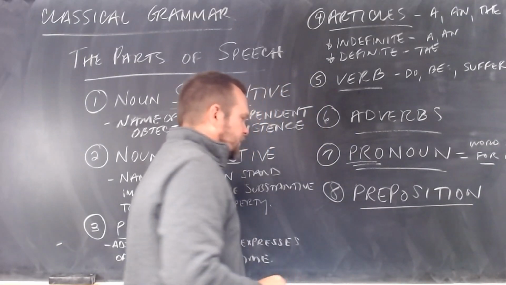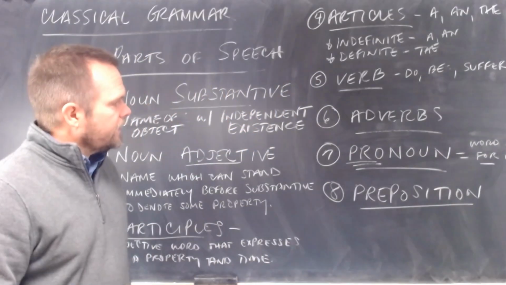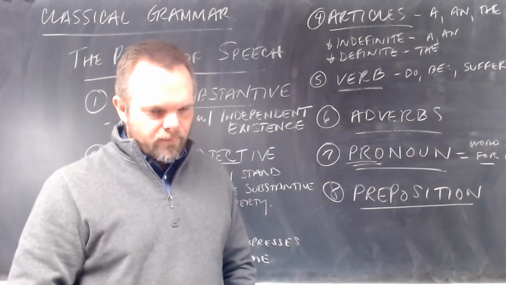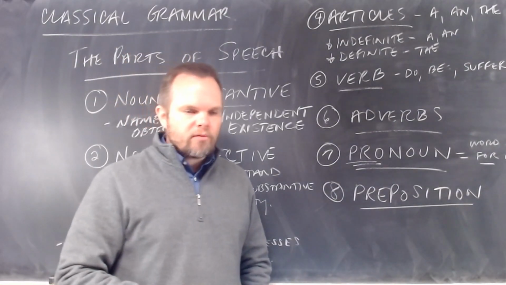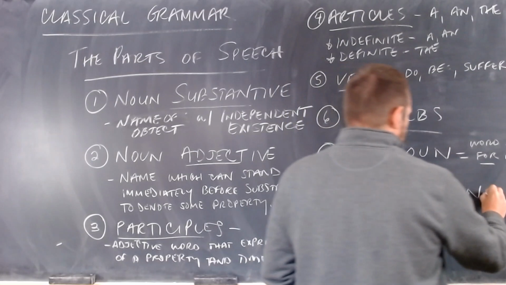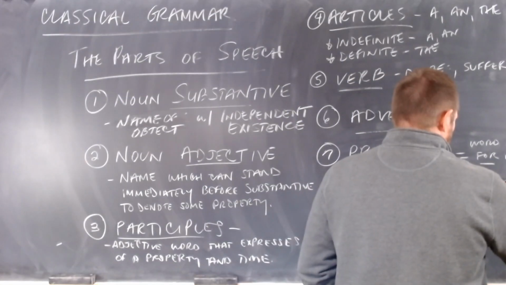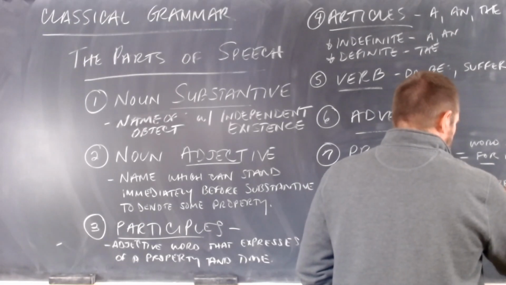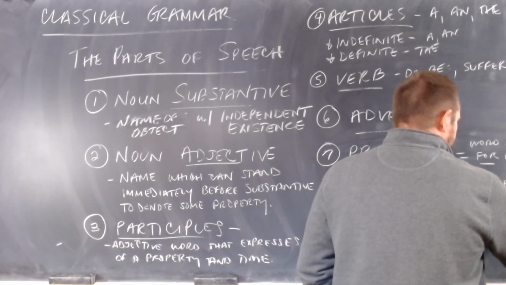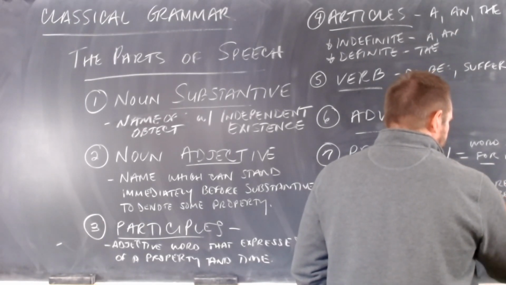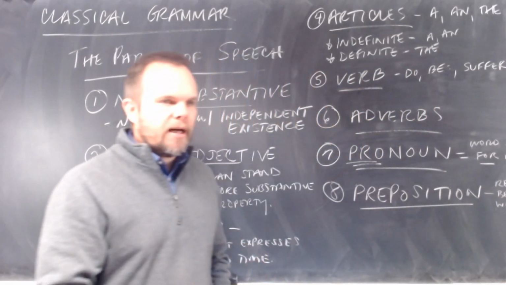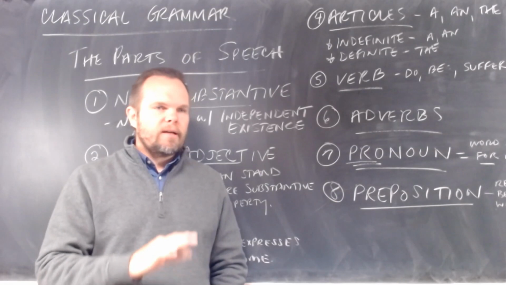The preposition. This is the eighth part of speech listed in our text. A word that marks the relation of one thing to another. And I'm going to write up here, relation between words, because we're talking about words. This is grammar. This is not reasoning or natural philosophy.